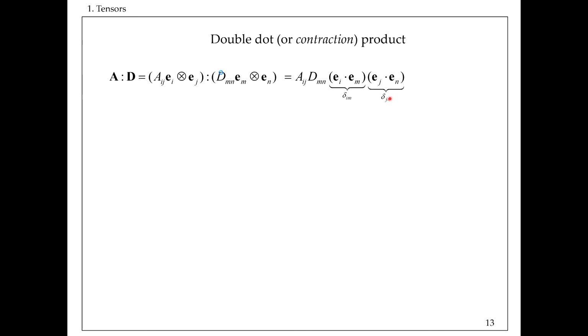For example, I can take this delta jn, and I can choose that this delta jn acts on d_mn, because there is a repeating index n here, n and n here, so I can replace this n with j, or I can notice that there is also j that repeats here, and I then can replace this j with n. But it doesn't matter in both cases. The result of that will be that we will create a dummy index here and here, so they will be the same, regardless of whether we decide to use a delta jn on d_mn or a_ij. Just a simple manipulation. And the same thing here.